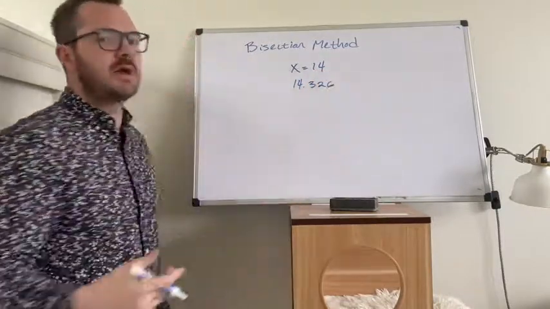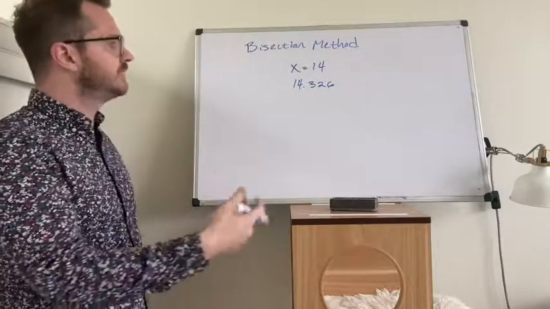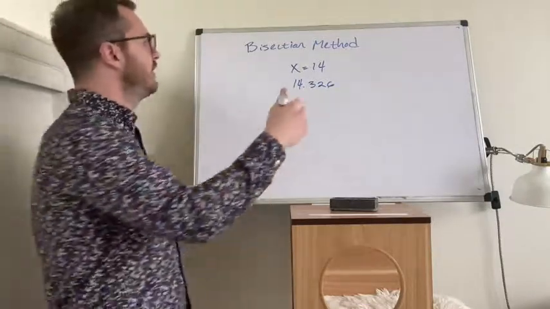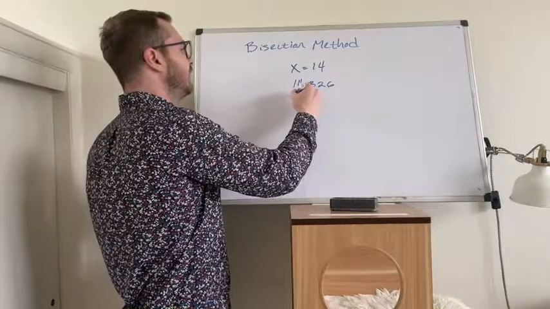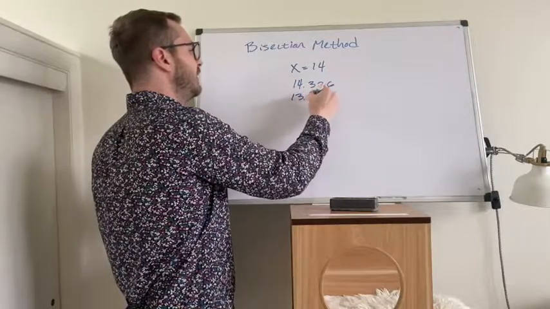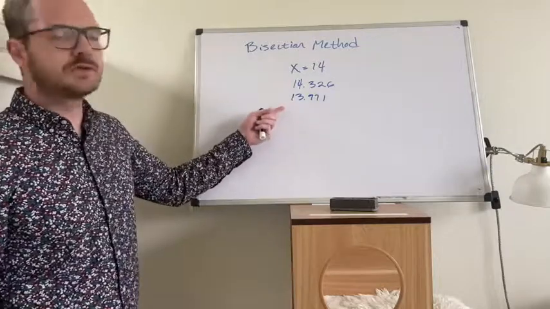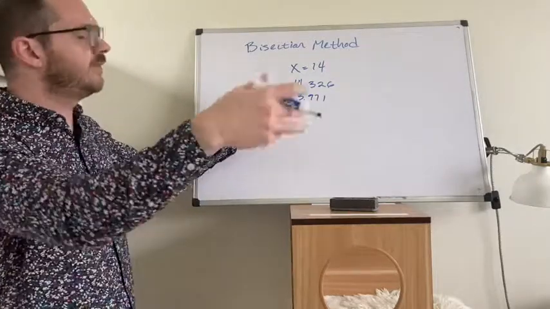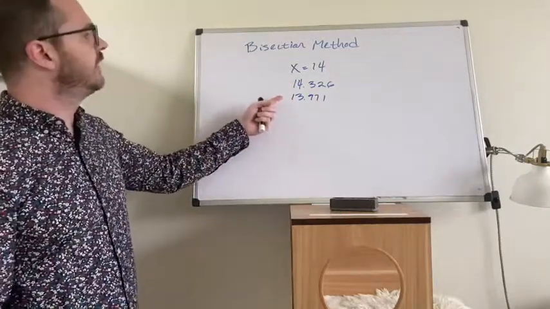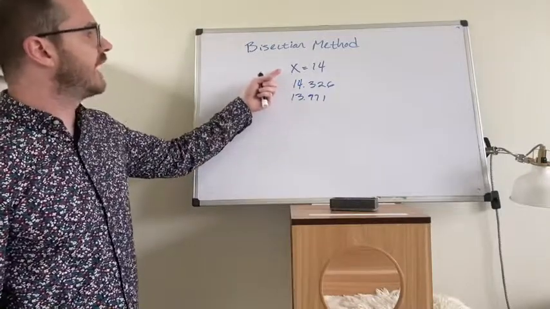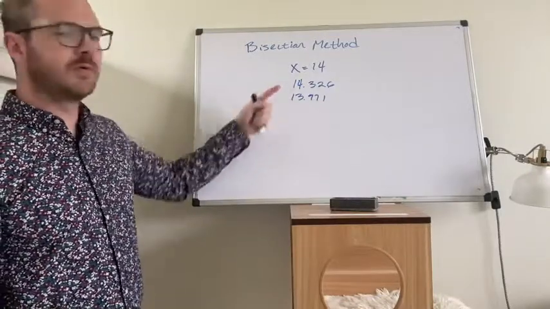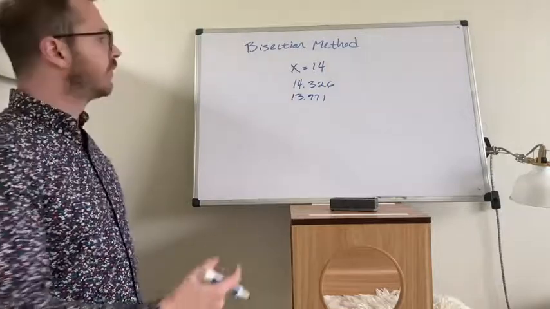14.326. Okay, that's pretty good. You let your bisection method run another round. This time it comes back and the answer is 13.971. Well, it overshot the target, right? We were above 14, now we're below 14, but this one is closer to the actual value 14 than the one before it, right? So you let the algorithm run one more time.